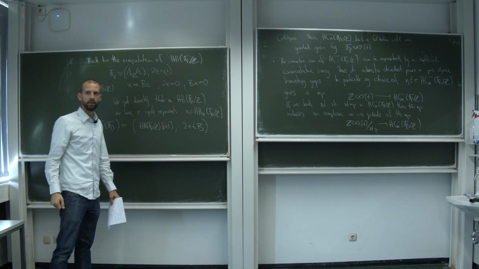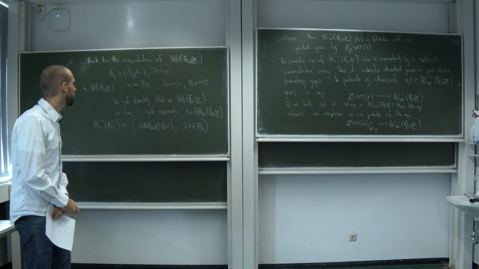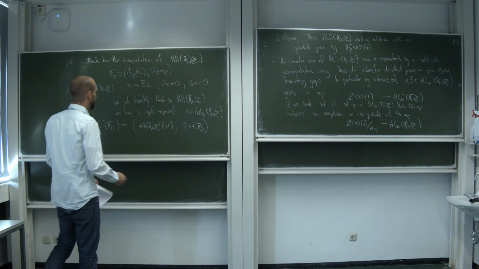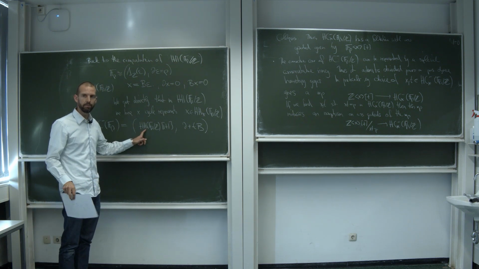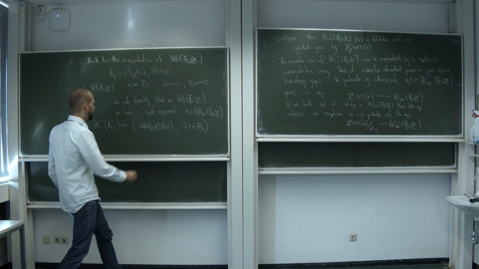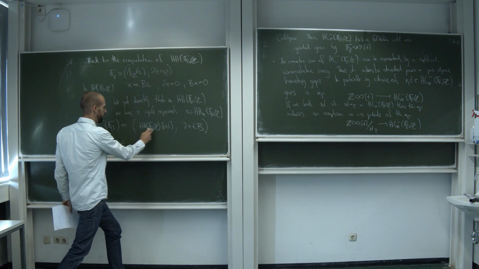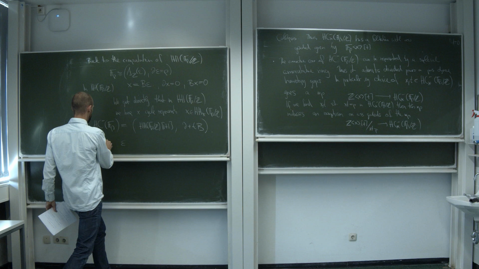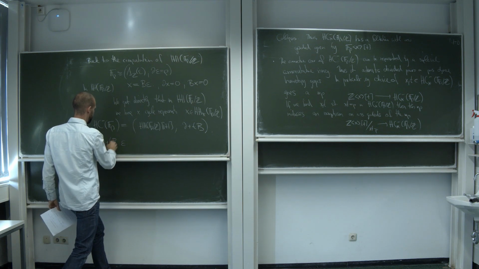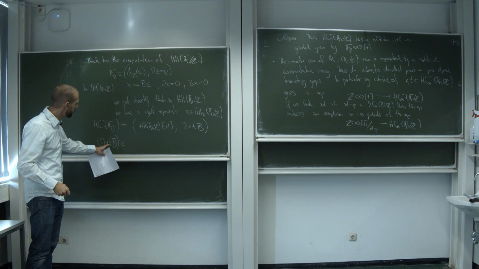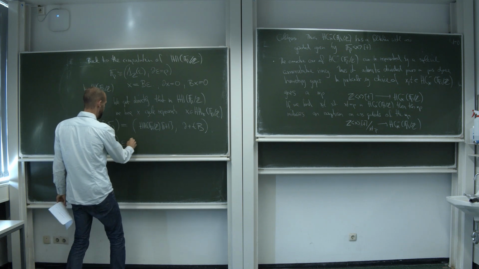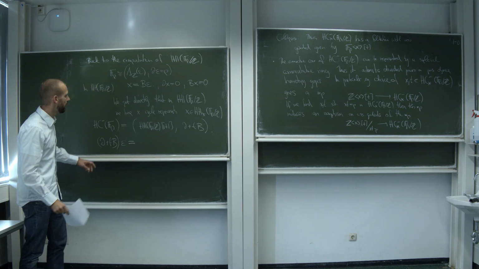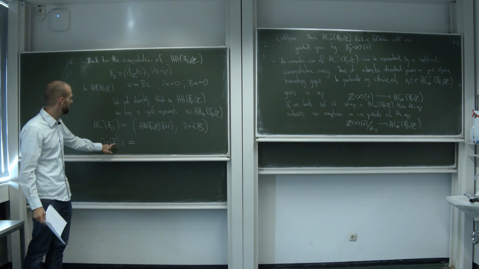Right? And now let's see what happens with our element epsilon. So epsilon is going to be an element in here. And what is the differential evaluated on this epsilon? We just have to calculate what is partial of epsilon.